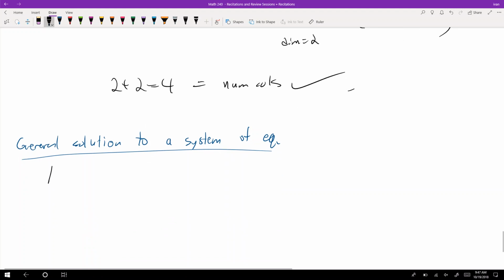So when we have Ax equals b, we can write x is equal to xp plus xh, where xh is the solution to the homogeneous system, and xp is a particular solution.